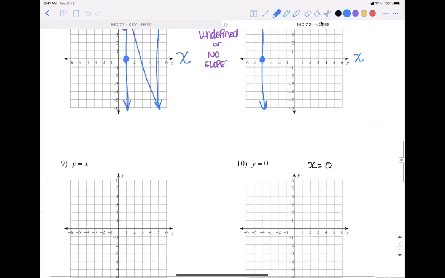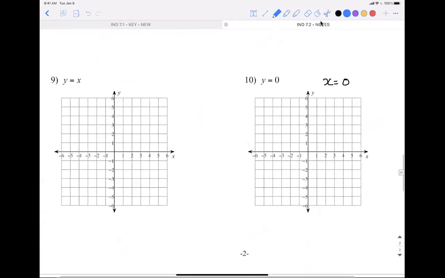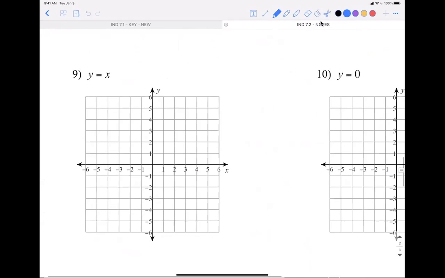Okay, now I do want to call these kind of the special note here. Number 9. Everybody wants to look at these and think that's weird, right? There's no other numbers, so it must be a horizontal or a vertical. If there is an X and a Y, it's never going to be horizontal or vertical.